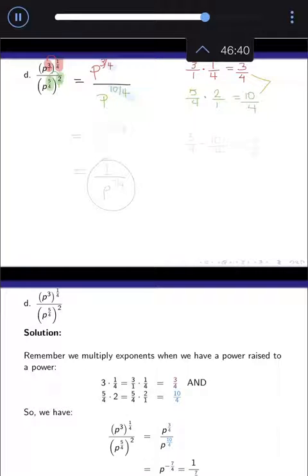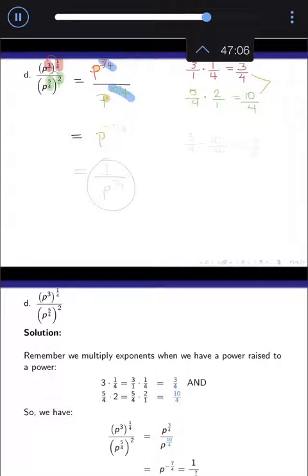So now I've got the same base of P on the top and the bottom. So that will stay the same, a P. The question is, what do I do to two exponents when I'm dividing? Well, when I'm dividing, I'm going to subtract the two exponents, which in this case is a 3/4 and a 10/4.